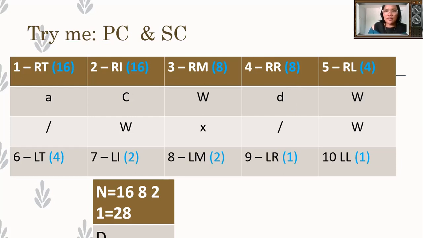Yes. Again, copy number 8, the value. Then 6, no, because it is not a whorl. Then 8, yes, this is an accidental whorl. So the value is 2. And then 10, yes, because it is a plain whorl and the value is 1. So you will come up with this. So 16, then plus 8, 24.